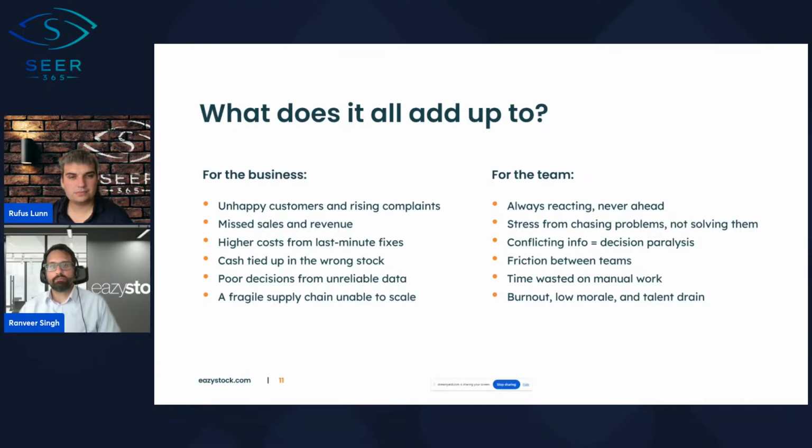So what does this all add up to? For businesses, it's ultimately four areas, right? It's an unhappy customer base, it's poor reputation, it's poorly informed decision making, and ultimately money missing off the bottom line. It's also the impact on the team, though, that often gets ignored. Companies having these issues have hired smart people, likely with good experience, and put them in charge of the stock.